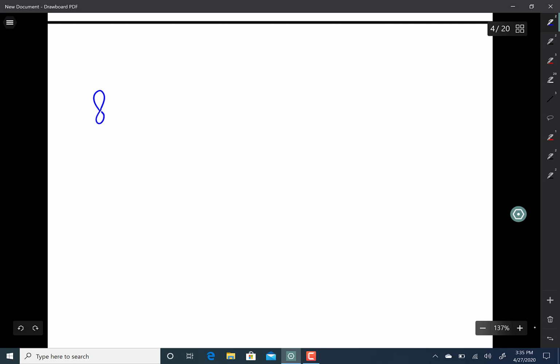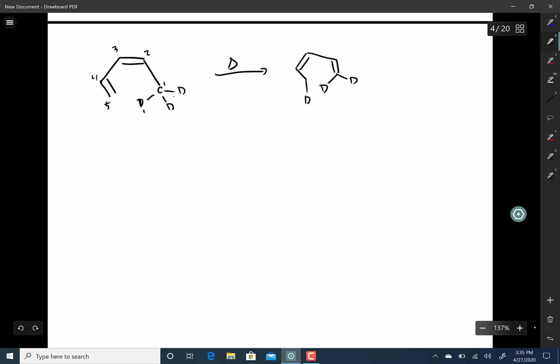Now, if we do a 1,5 shift, to draw the orbitals there, start by drawing the pi system.